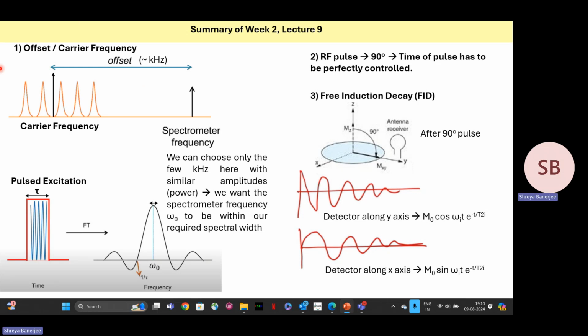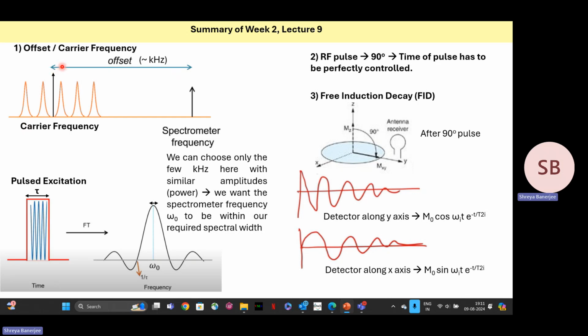The first concept is that of offset or carrier frequency. Basically, suppose the frequency of your sample is coming somewhere here and your spectrometer frequency is quite far away from that. You can see there is a large distance shown by this blue arrow between the spectrometer frequency and the frequency of the protons in your compound.